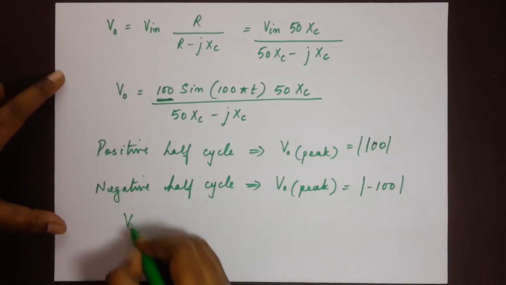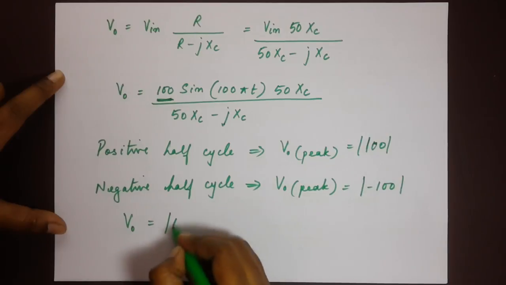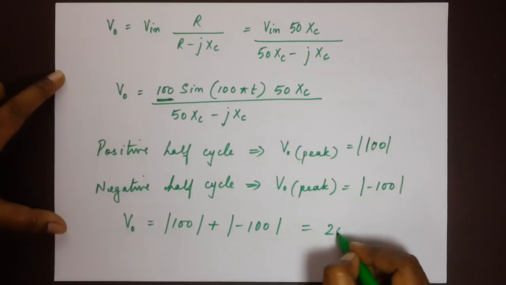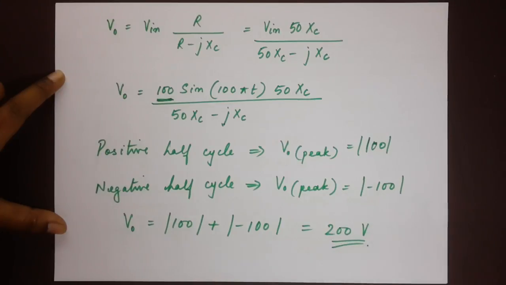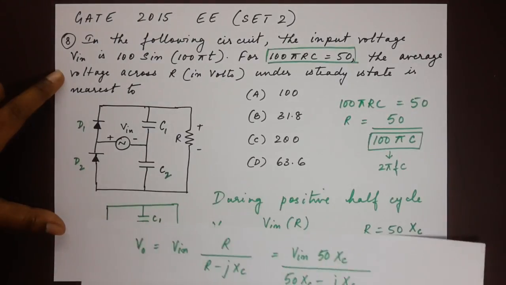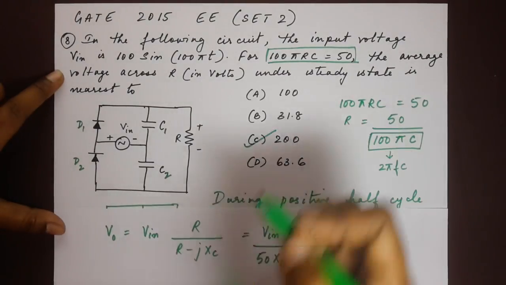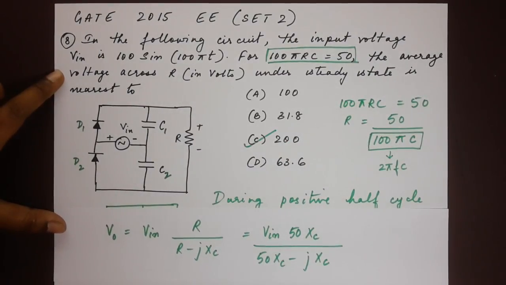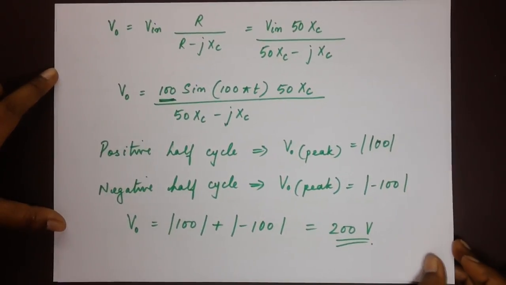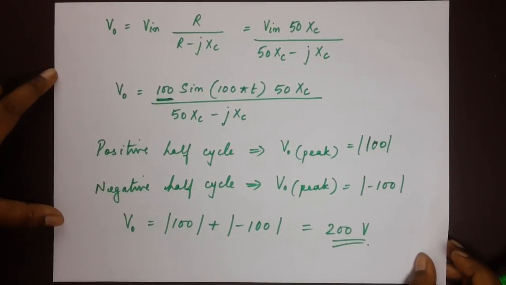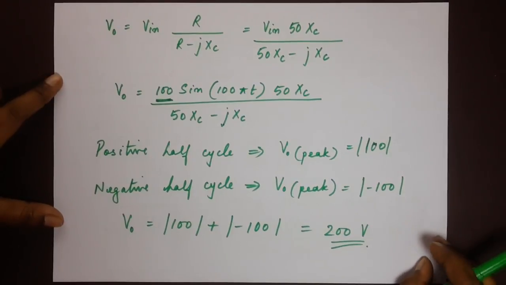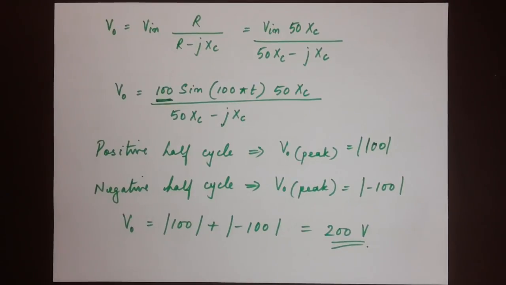So totally V0 would be equal to the sum of both, mod of 100 plus mod of minus 100, which comes to 200 volts. I hope that makes sense. So here the answer is 200 volts. So that's option C. The average voltage across R under steady state: we calculate the peak at positive half cycle, we calculate the peak at negative half cycle, and then the sum of both would give us the average voltage in steady state.